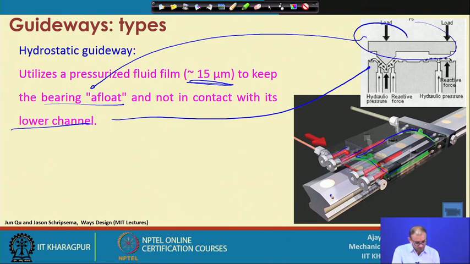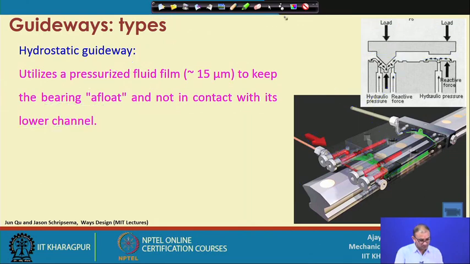This is the lower one and this is what is moving on the top. This way you can reduce the friction between the two contact points, and then you can easily move freely without much friction.